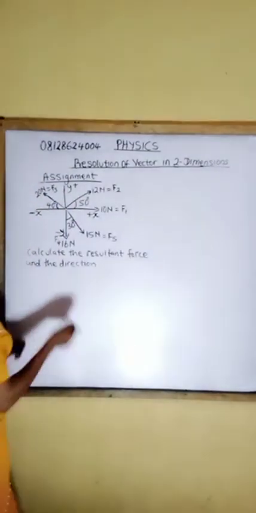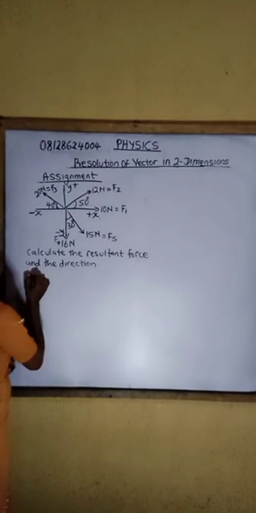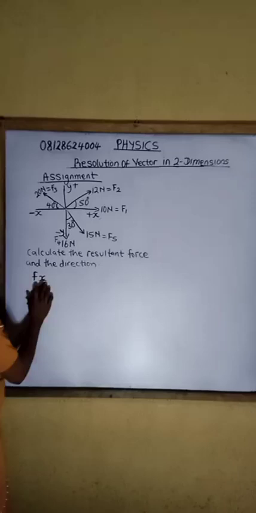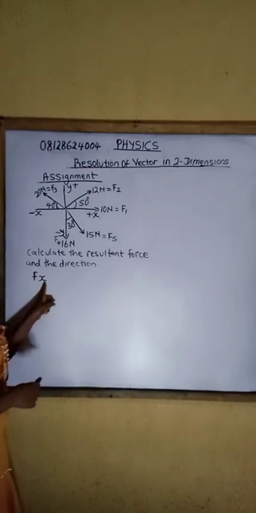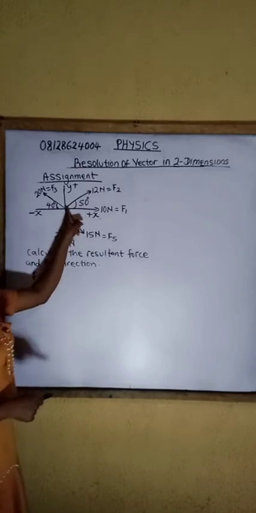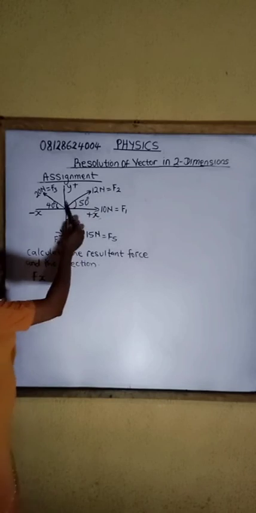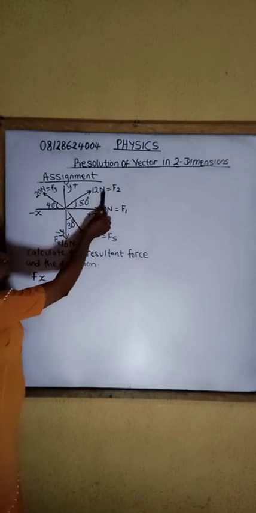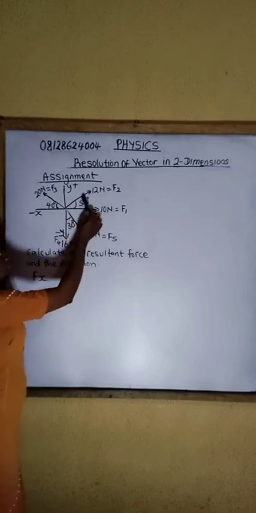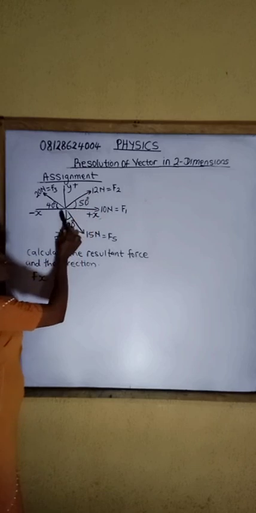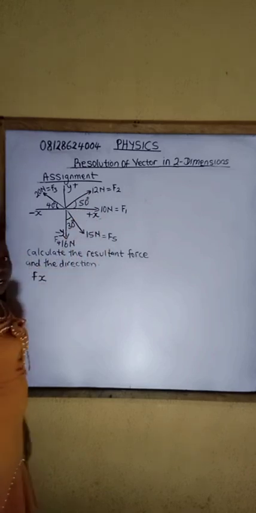Now to calculate our horizontal component, Fx. Why did I call it Fx? Horizontal component is Fx because this force, the first force, is inclined. Let's look at this one, for example, Newton, which is the force. This force is inclined at an angle 50 towards this horizontal line.